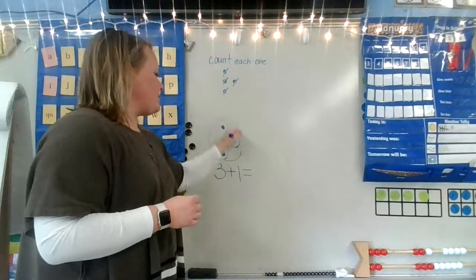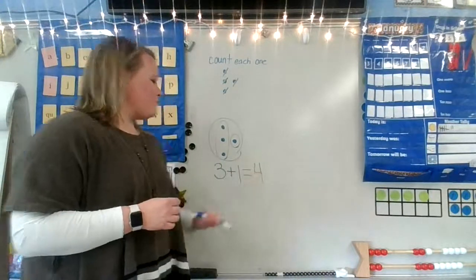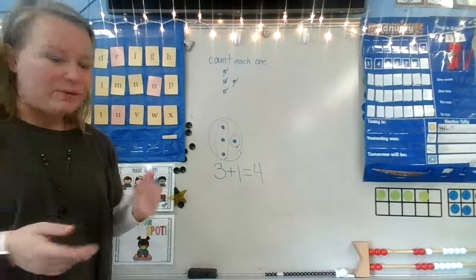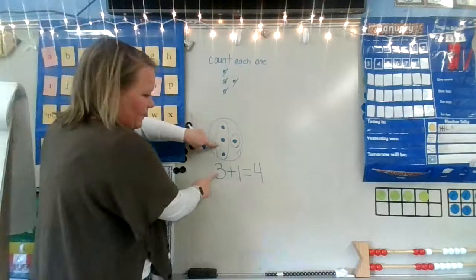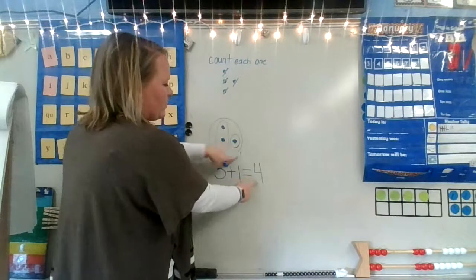I'm putting them together. 3 and 1 make 4. So then my equation would be 3 plus 1 equals 4.